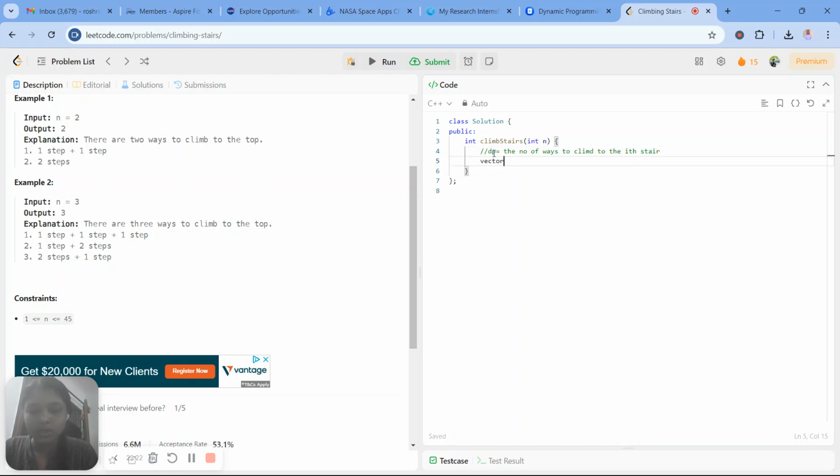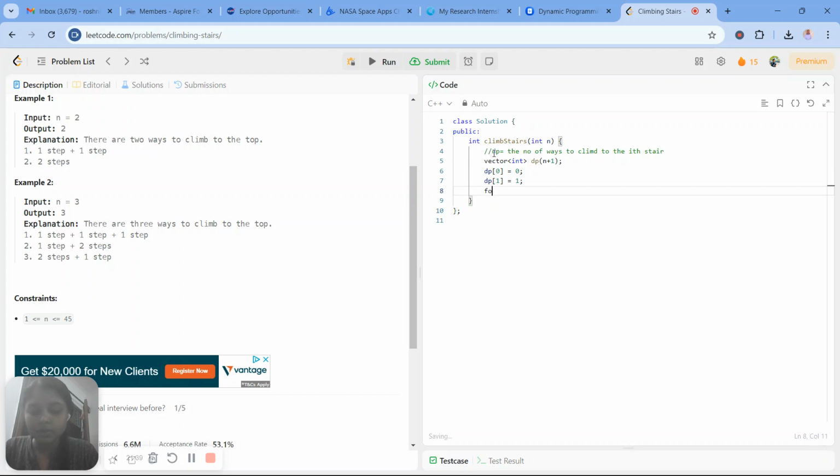So we start by creating a vector of integers, dp, having n plus 1 size. Then dp[0], starting from the 0 index, that is one way to stay on the ground. Then we take 1 step, that is the number of ways you can reach step 1. The first step you take on the staircase.